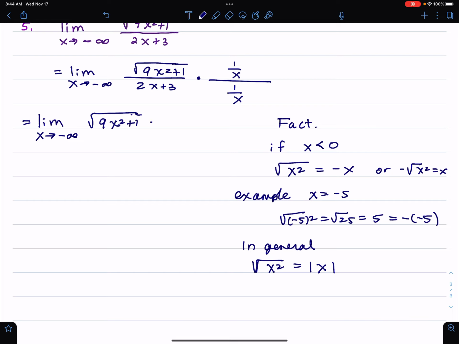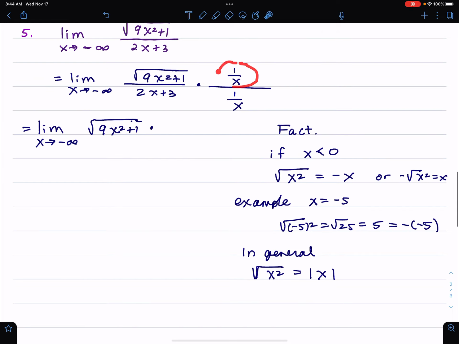So then what I'm going to do is replace this 1 over x by negative radical 1 over x squared. My notation might not be so good, so let's put parentheses like that.